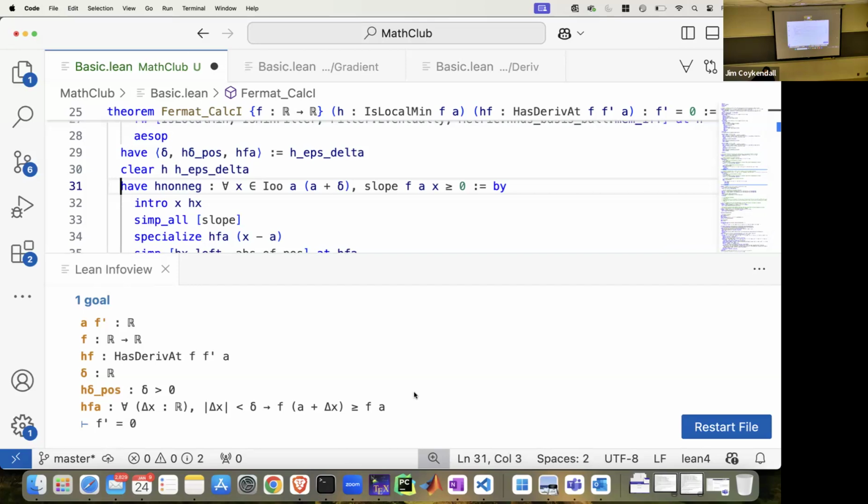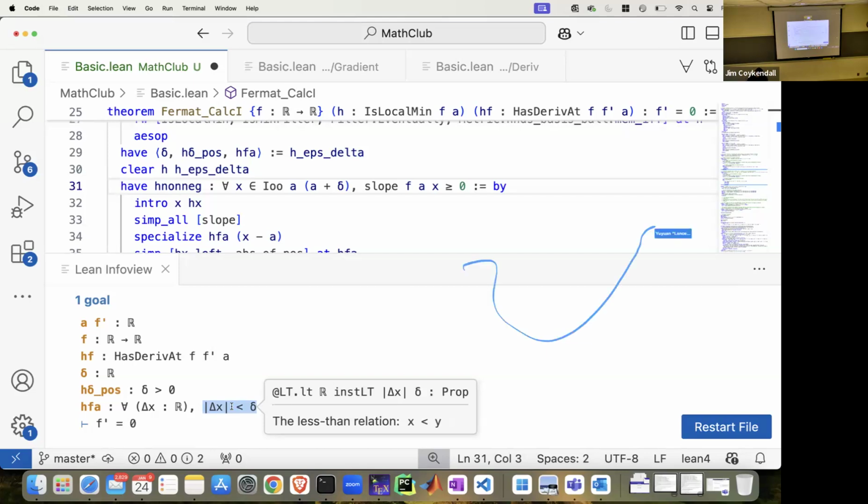Now we're going to try to think about how it's done formally in Lean. So how are we going to be able to prove it? The idea of proving that is the following. First, within this interval, I have a function over here, and by definition, it's a local minimum.